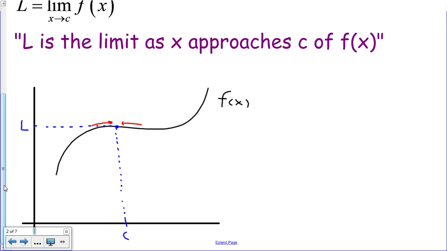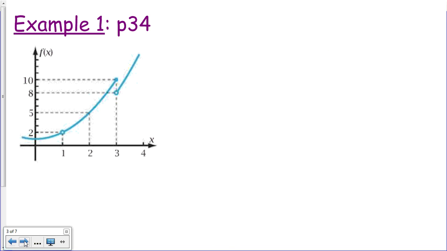So as x approaches c, L is the y value that we're approaching. All right, let's take a look at an example. Example 1 on page 34 in your book says, state whether the function graph has a limit at the given x value and explain why or why not. If there is a limit, give its value. Let's use the formal notation we just learned. Starting at x equals 1, the limit as x approaches 1 of f of x is equal to some value.